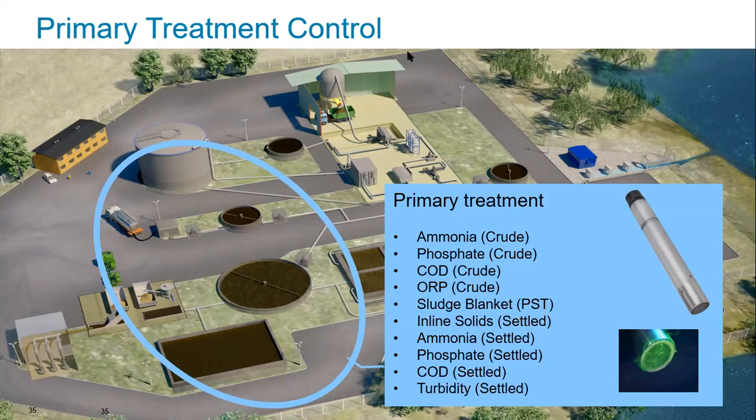So as an example, understanding our sludge blanket in the PST would enable us to optimize our desludging times and rates accordingly. For phosphate in the settled sewage, we could optimize what dosing we're doing for carbon for BIOP.